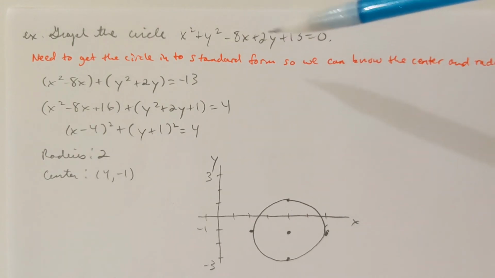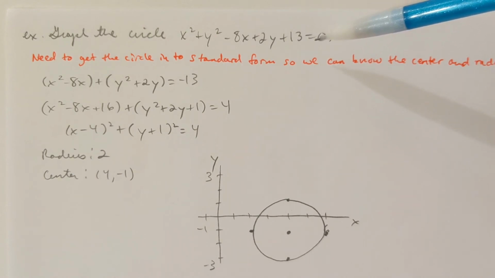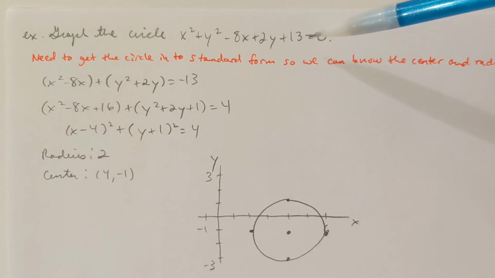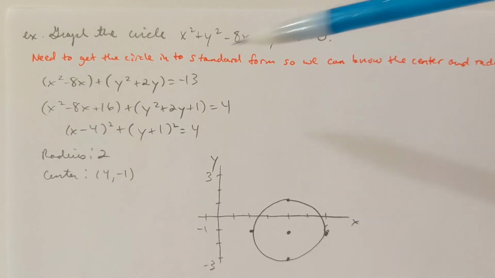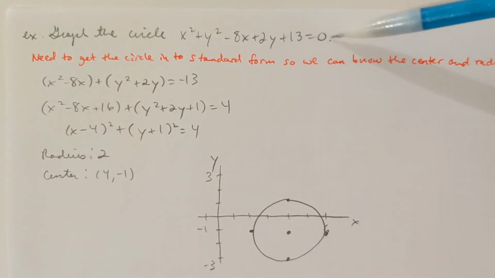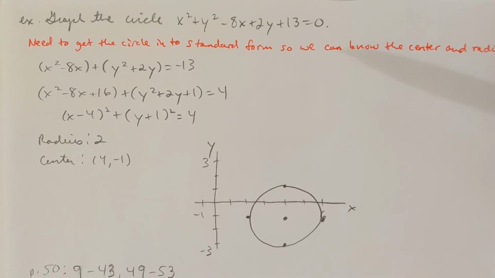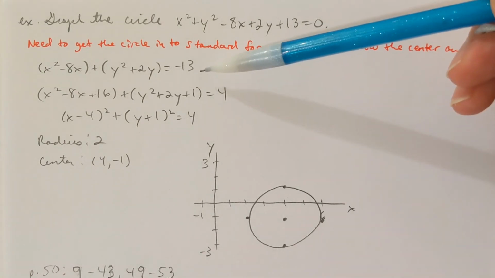Okay, this has all been written in what's called general form, and I want to rewrite this into standard form. Okay, I'm going to group the x's together and then the y's together. I'm also going to bring the constant over to the right. So I've done that.